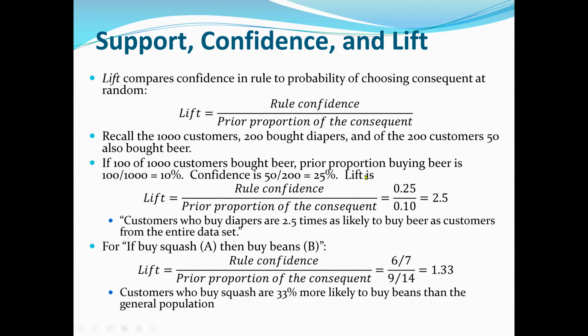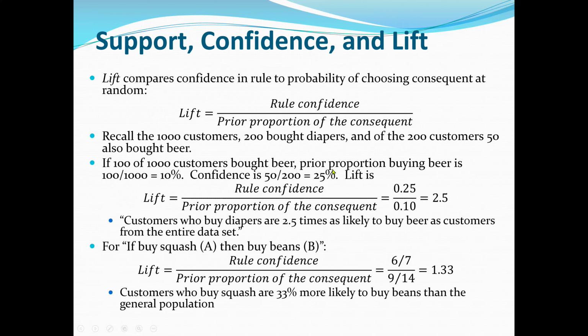Now, to find the lift, it will be the rule confidence, which is 0.25, divided by the prior proportion. You see, the consequent is the beer. So the prior proportion of the consequent will give us the lift.